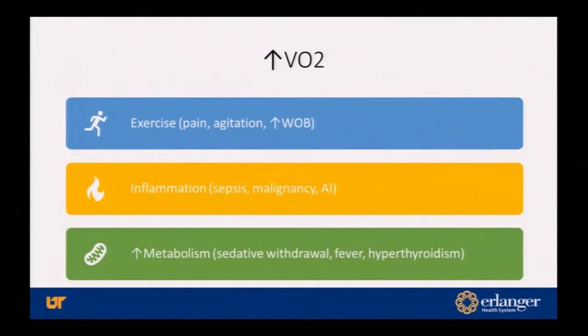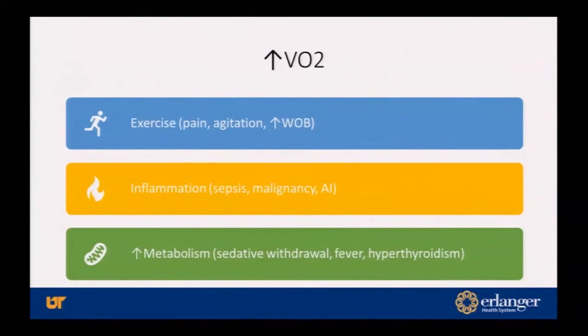What are things that increase the tissue consumption of oxygen? We're going to break it down into 3 broad categories: exercise, inflammation, and increased metabolism. Now, I don't just mean exercise like somebody's doing burpees in front of you. I mean anything that mimics exercise: pain, anxiety or agitation, increased work of breathing.